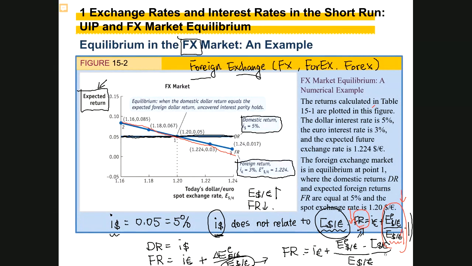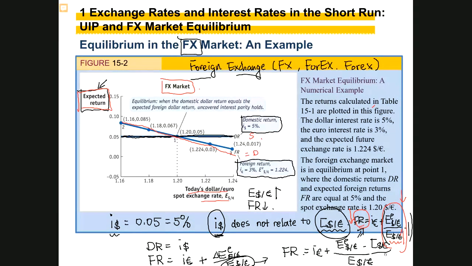Remember that the price in the foreign exchange market is the expected return, and the quantity here is the spot exchange rate. It's a little bit hard to see in the beginning why the market looks like this, and why this is the demand and this is the supply.